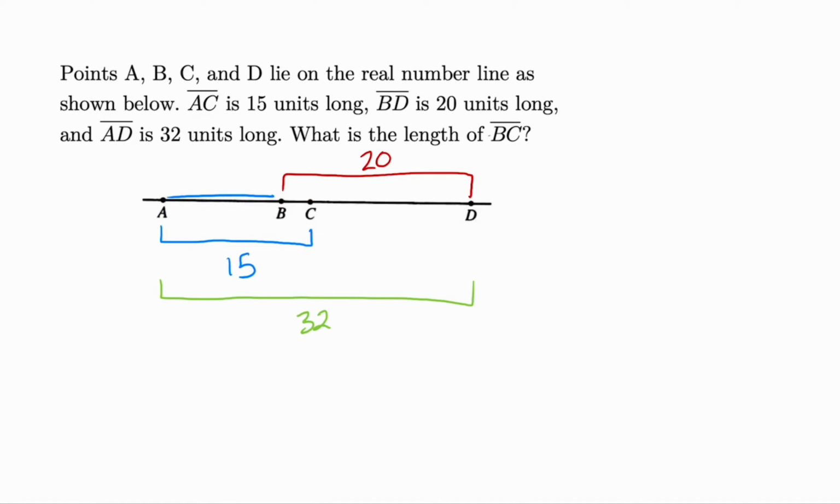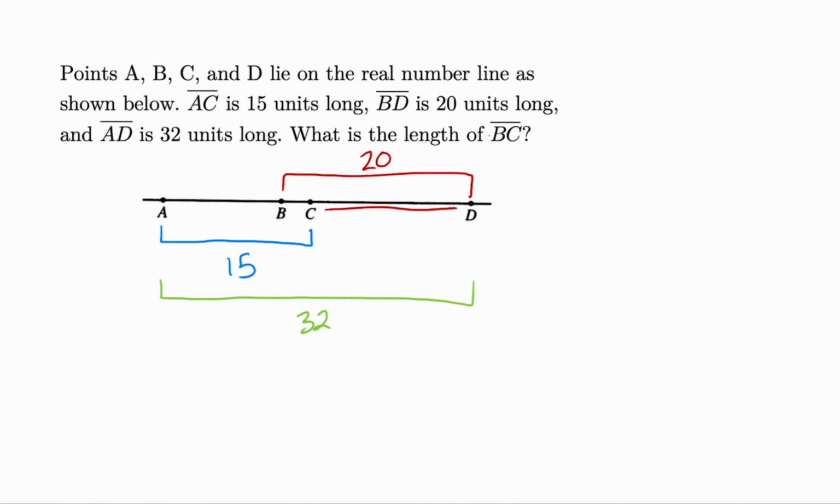Well, how would we find CD or segment AB? Let's just pick one of those ways, knowing that either one will basically be the same process. Let's just find segment CD. Okay, well, we know that the whole way across is 32, and we know that from A to C is 15. So CD is the leftover.